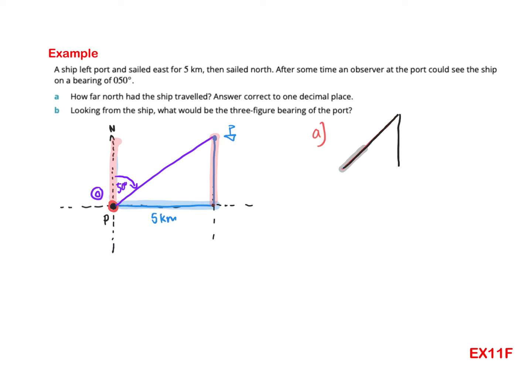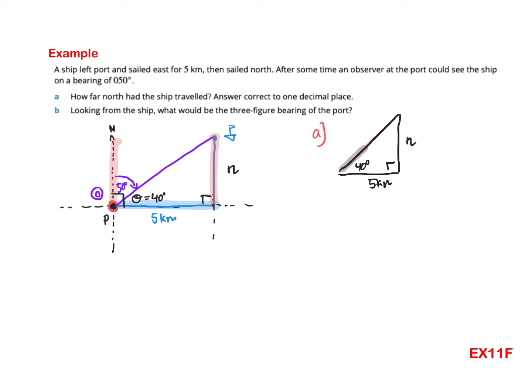We know that this is 5 kilometres. And you can see we've created a right angle triangle there. Now, if this is 50 degrees in there, what is this angle in here going to be? It's going to be 40, isn't it? Because it's got to add up to 90. So you've got that. And this is going to be how far north they are, that side over there. So I'll just call it N, like my question, how far north.